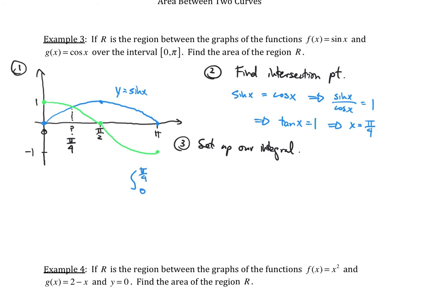And on that piece, the green graph of g of x equal to cosine of x is bigger. So that's going to be the integral of cosine of x minus sine of x dx. And that's going to calculate the area of this part right here.